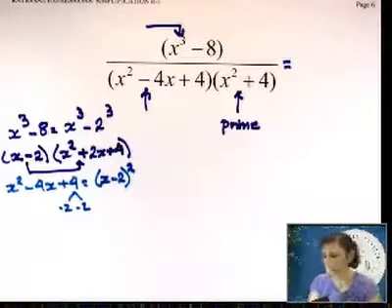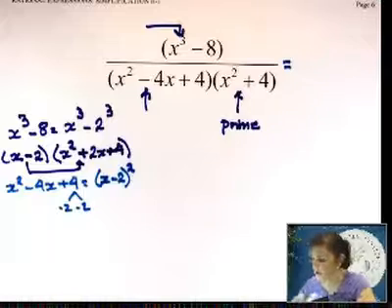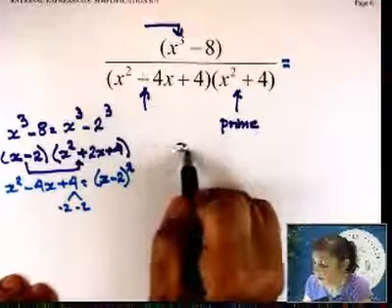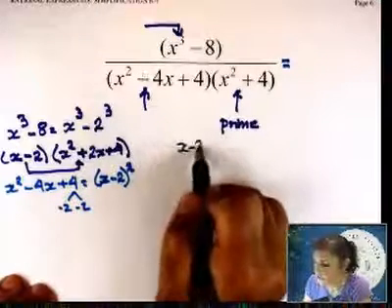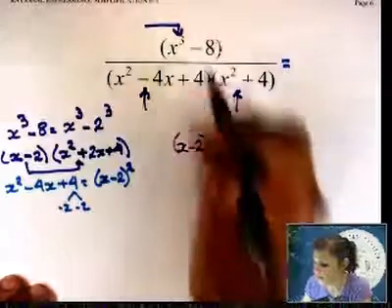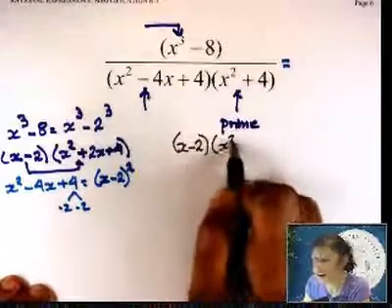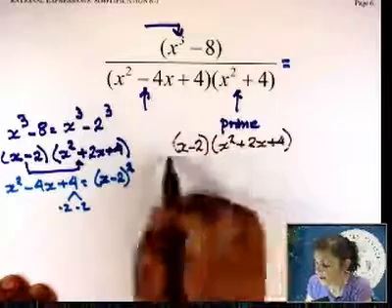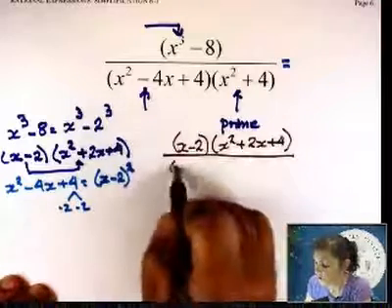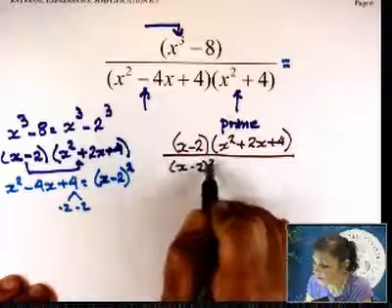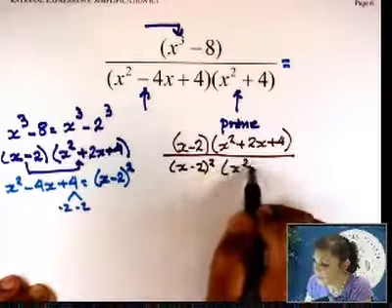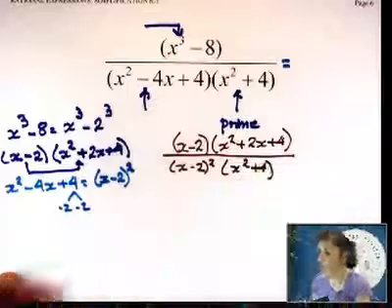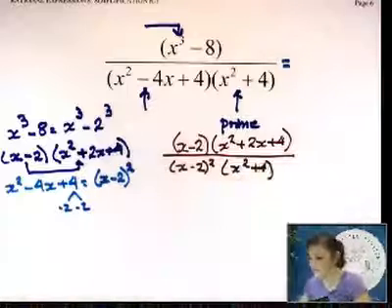You're going to have x minus 2, this is that, x squared plus 2x plus 4. At the bottom, you have x minus 2 squared. And this one is prime. Leave it alone. Let's cross things out.